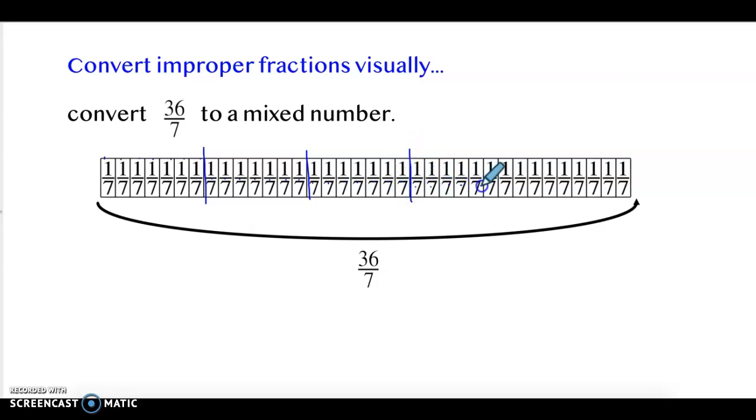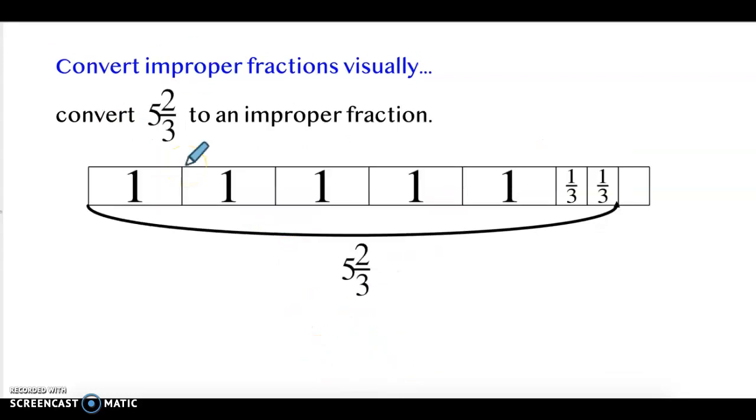So then if we count up how many wholes we have, you would have 5, and you have 1/7 left over. So converting 36 over 7 into a mixed number is 5 1/7.